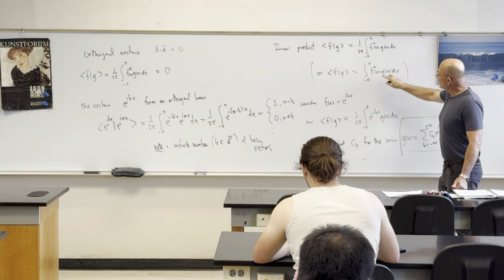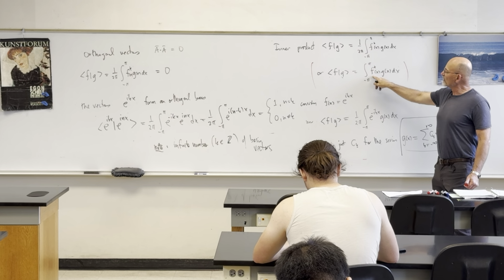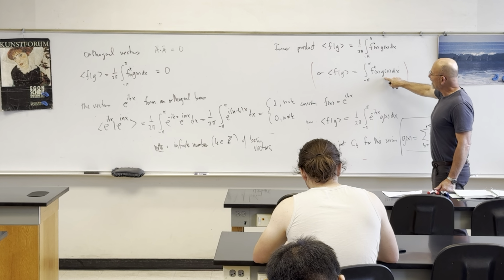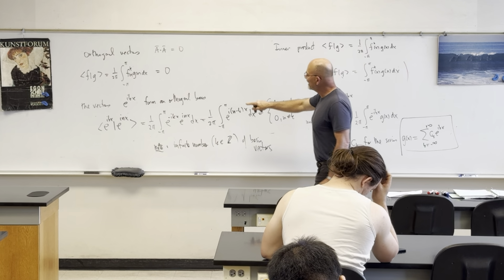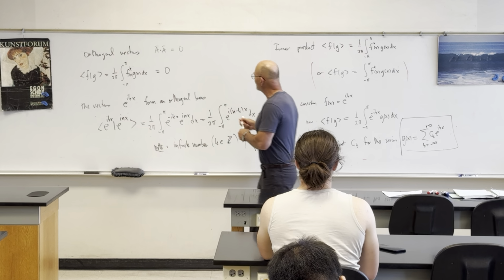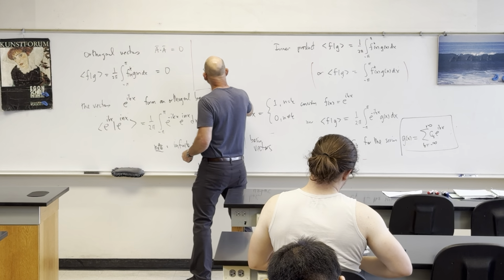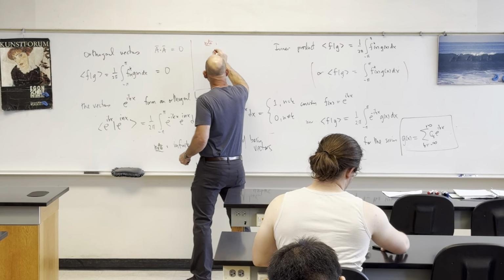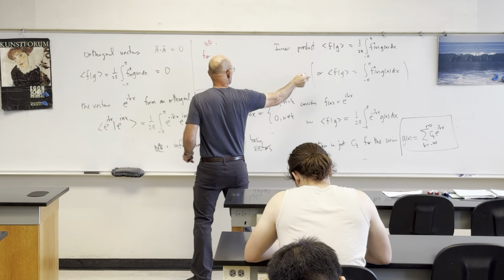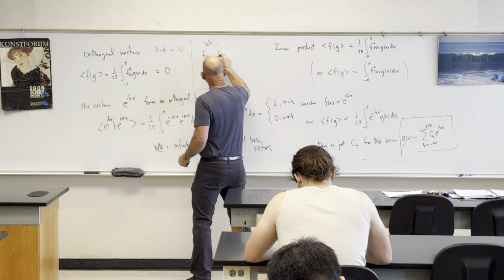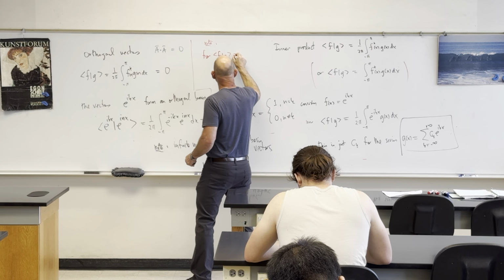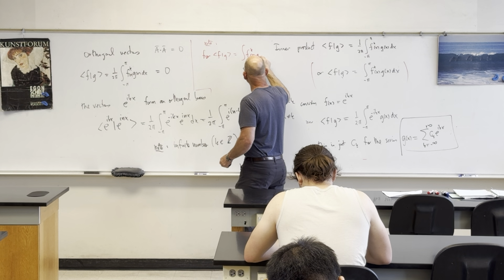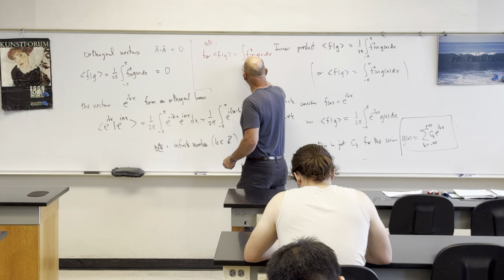What if we wanted the more streamlined version without the 1 over 2 pi in front? In that case, we're just going to redefine our basis vector. So I'll put this as an addendum here. I'll rewrite it: f g equals just the integral of f star of x, g of x dx.